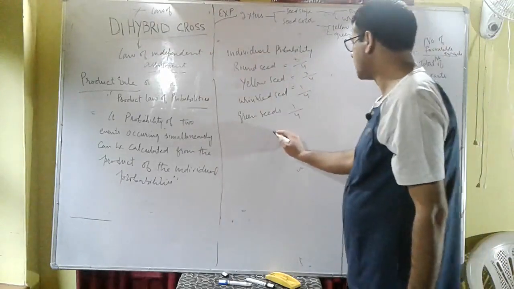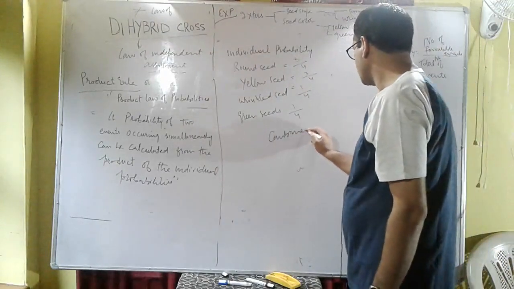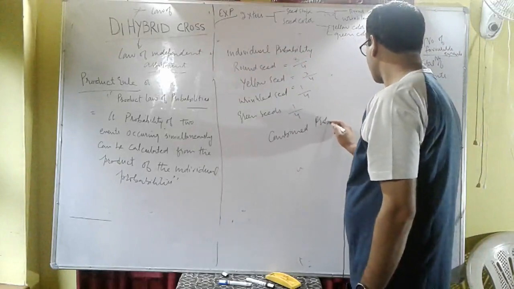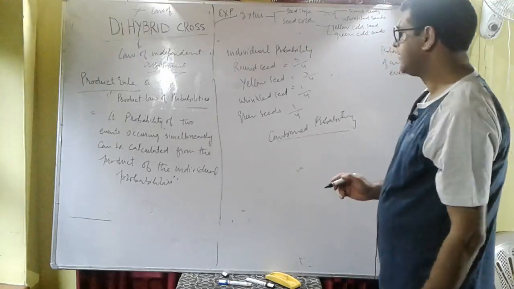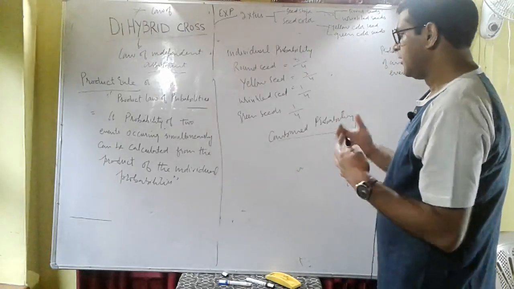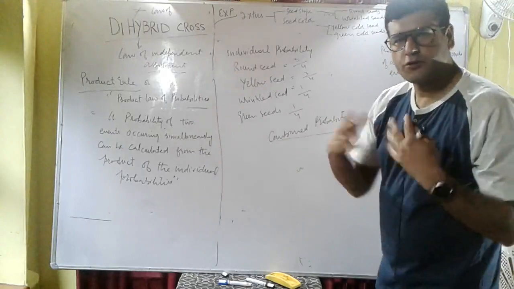Now what are their combined probabilities? Combined probability can be calculated by taking the product of their individual probabilities.